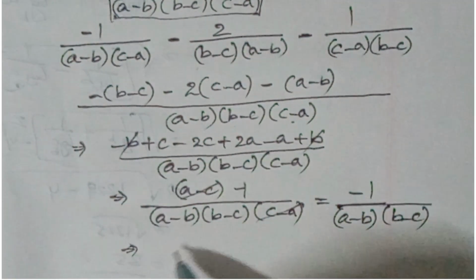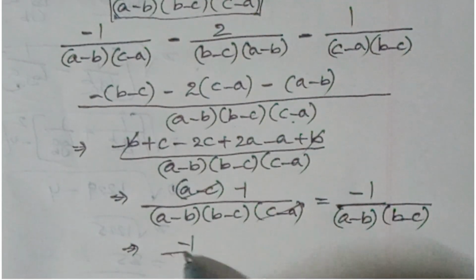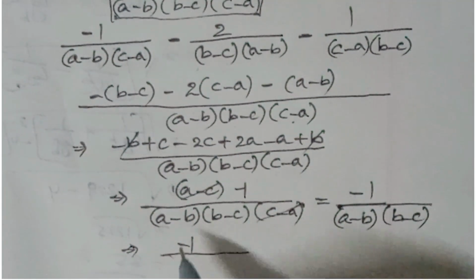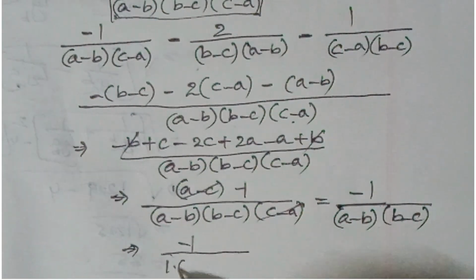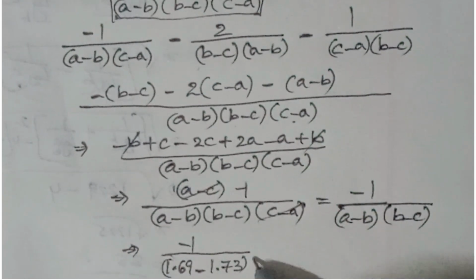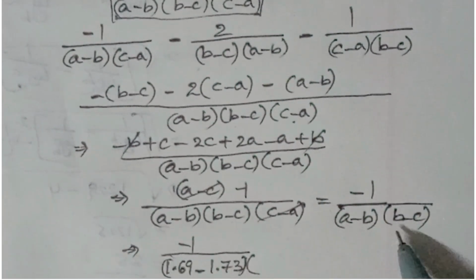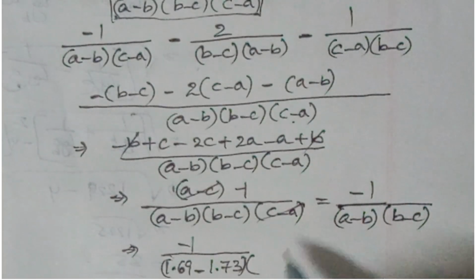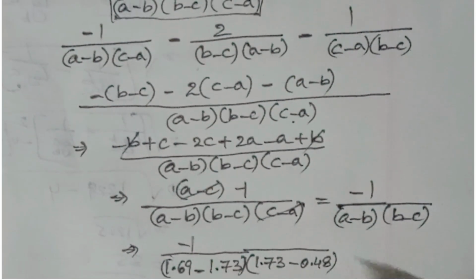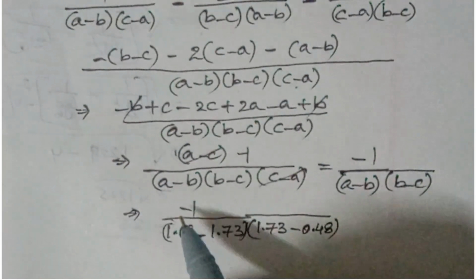Now substitute the values: minus 1 by A minus B value, 1.69 minus 1.73, into B minus C value, 1.73 minus 0.48. So what will we get?